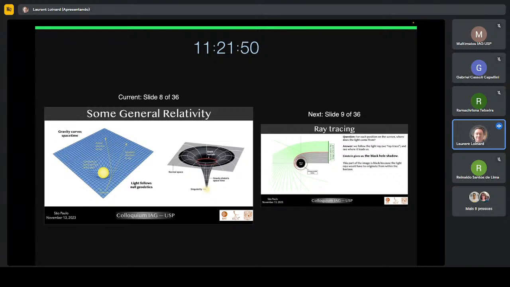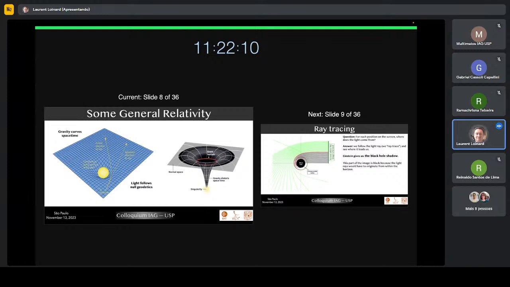So these trajectories followed by light are called null geodesics. They correspond to certain specific trajectories in space-time.